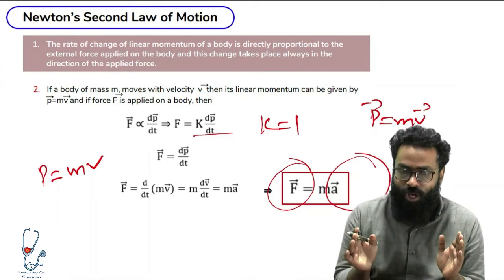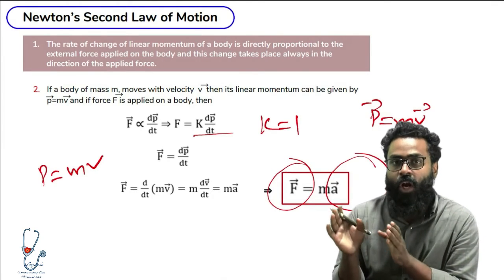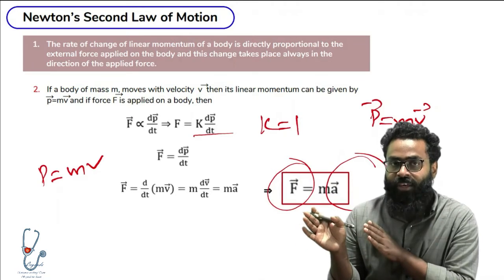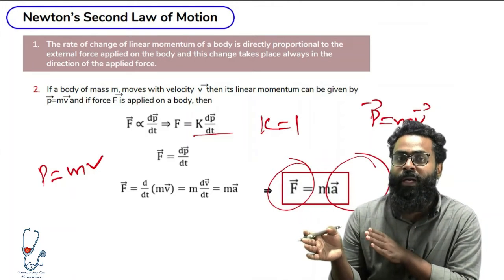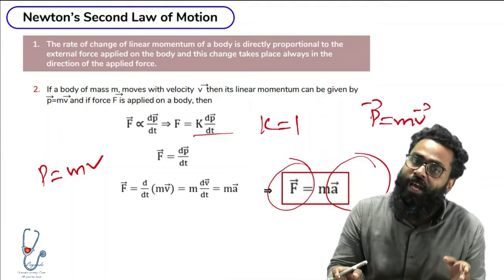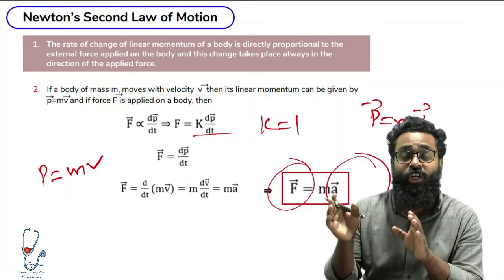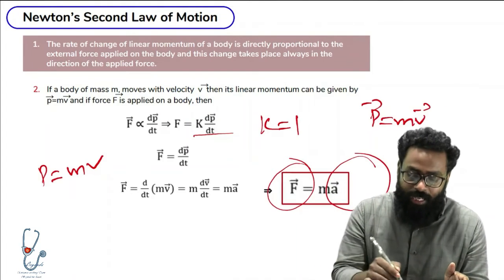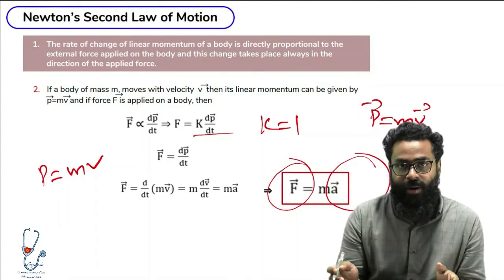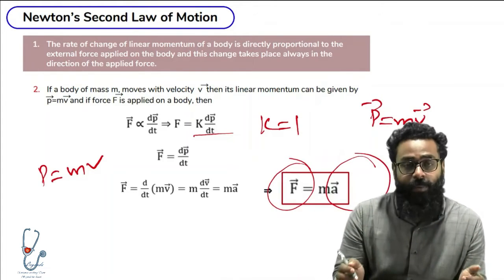First of all, we consider a body of mass m moving with a velocity of v, and in terms of momentum we can write p is equal to mv. Then in terms of force, F is equal to dp by dt, where dp by dt is the rate of change of momentum. Okay, then F is equal to k dp by dt, and with k is equal to 1, F is equal to dp by dt.